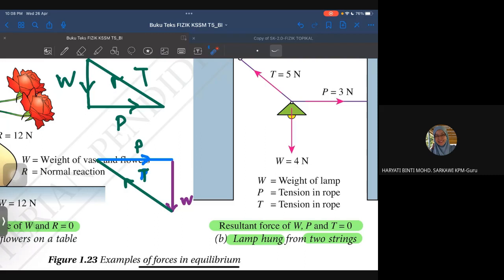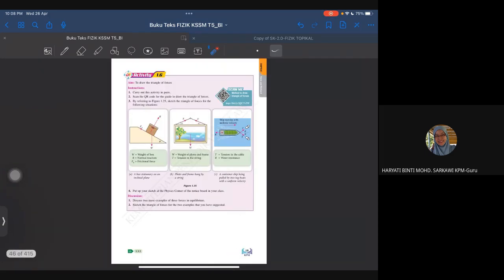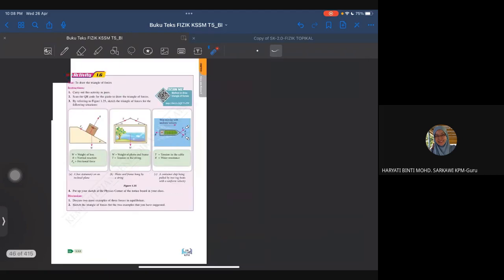So for forces in equilibrium, the triangle that you draw will have one direction. And the angle must be correct. And the diagram must be in scale.